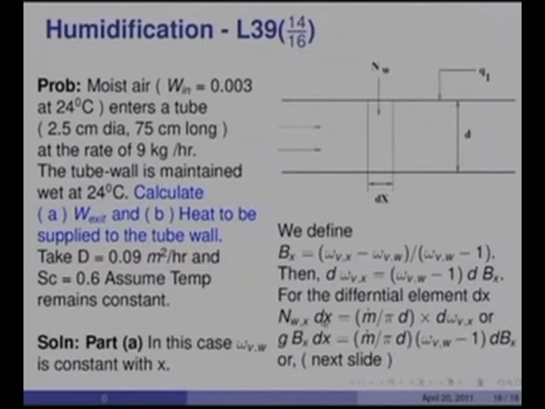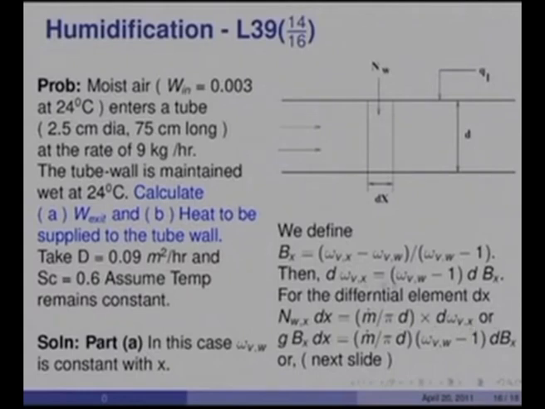So, N W dx will be equal to m dot into change in mass fraction, but the perimeter value here is taken as pi d in the denominator here. So, N W dx equals m dot by pi d d omega V x.